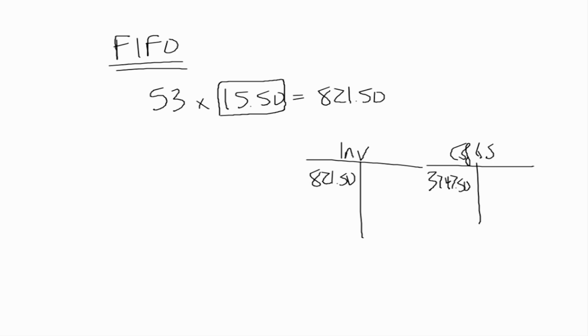Has there been some kind of obsolescence that has caused the value of this item to go below its cost? Because if it goes below its cost, we cannot reflect it at $15.50 because that's not equal to its future economic benefit. Inventory is an asset. Assets must be equal to their future economic benefit. If they're not equal to their future economic benefit, we have to write them down.